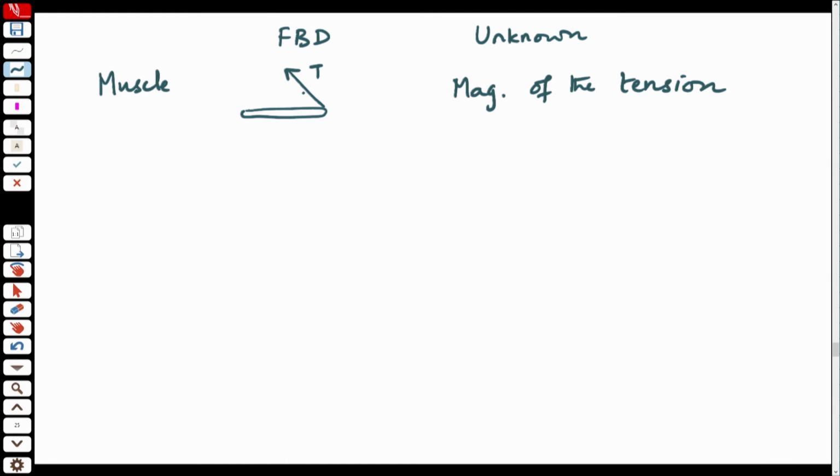I know at what angle that muscle is acting on that particular member. Muscles provide a tension force. Muscles can only pull.